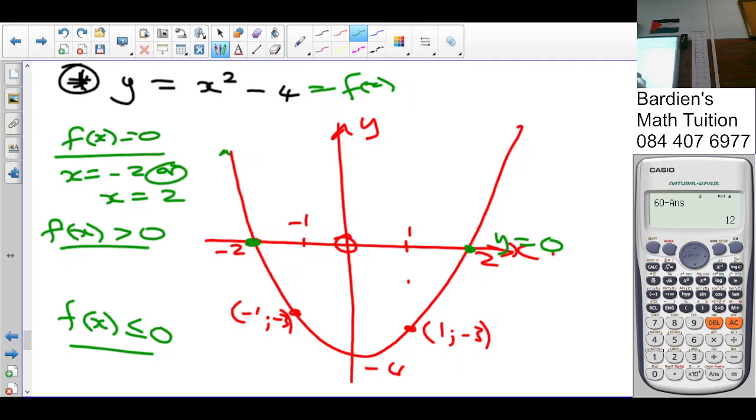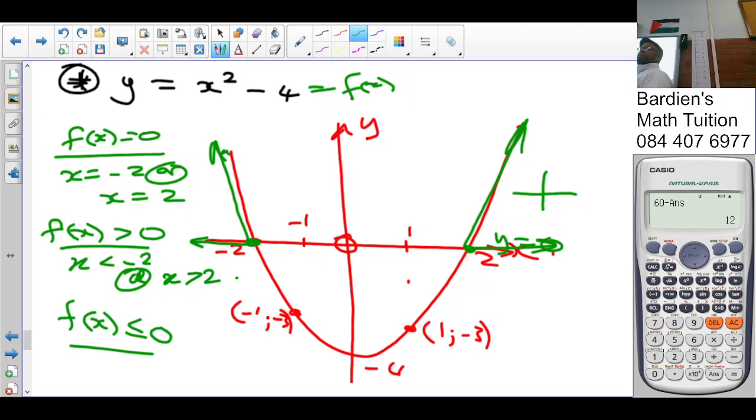It means to say where it's above this line. There and there. In other words, x has to be less than minus 2 or x must be more than 2.